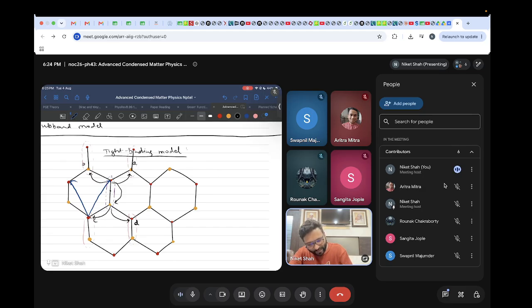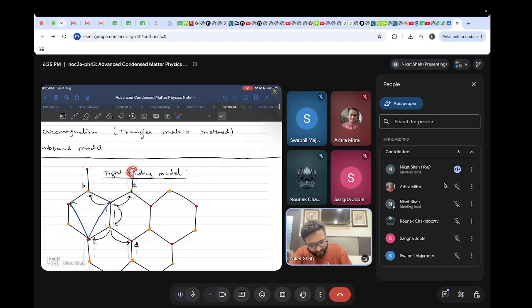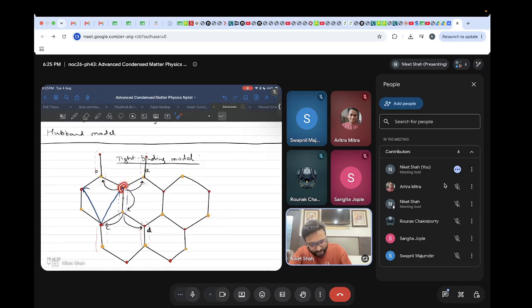So Ra is basically the position vector of this point. Rb is the position vector of this point. I can also write the position vector of this point as Ri, which is the position vector of this point, and then plus the lattice vector. I hope that makes sense.